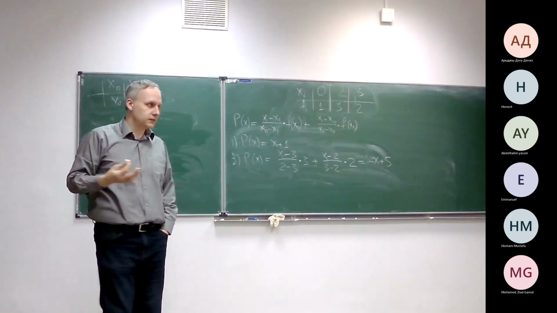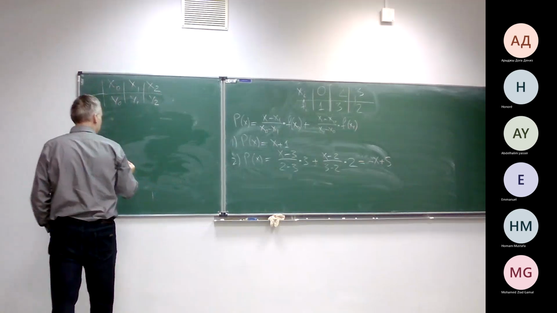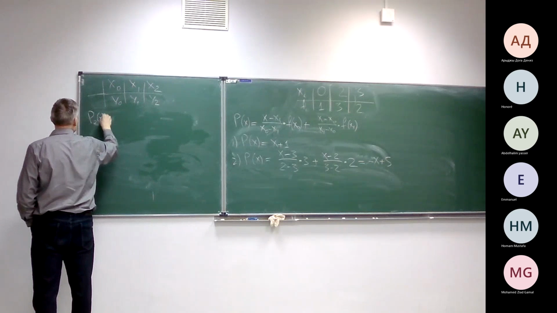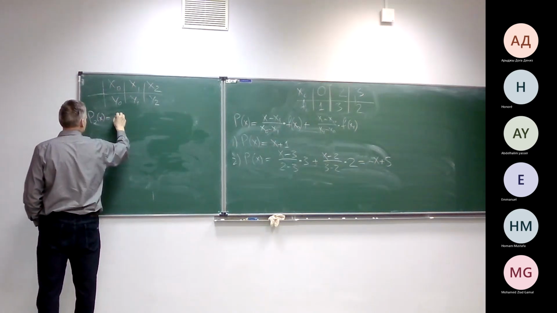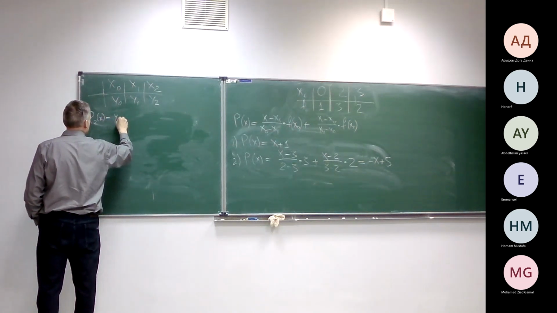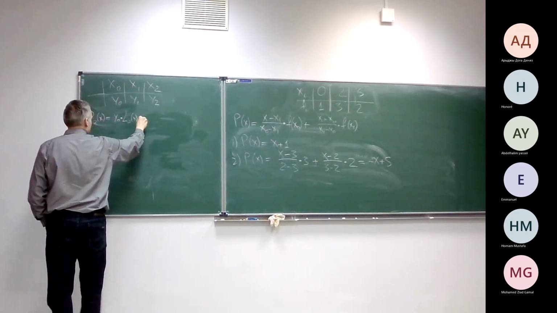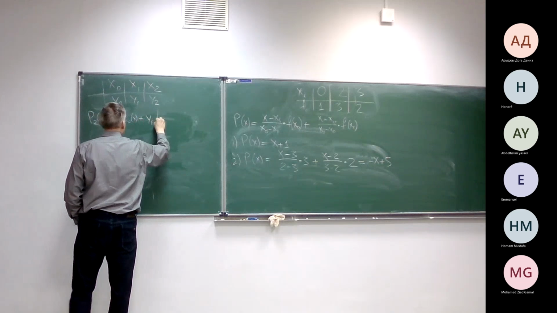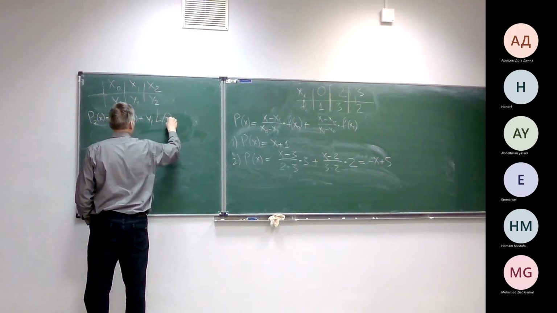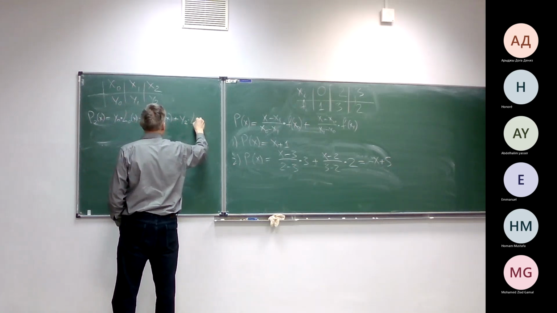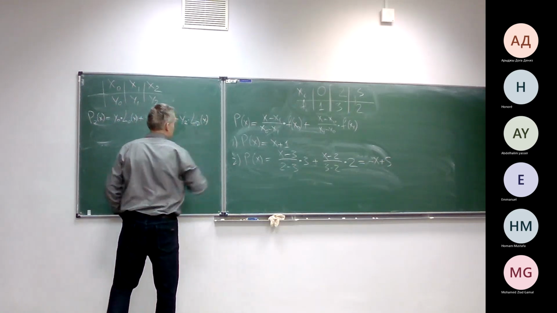The polynomial is written in the following form: p2 of x equals y0 times L0 of x plus y1 times L1 of x plus y2 times L2 of x.